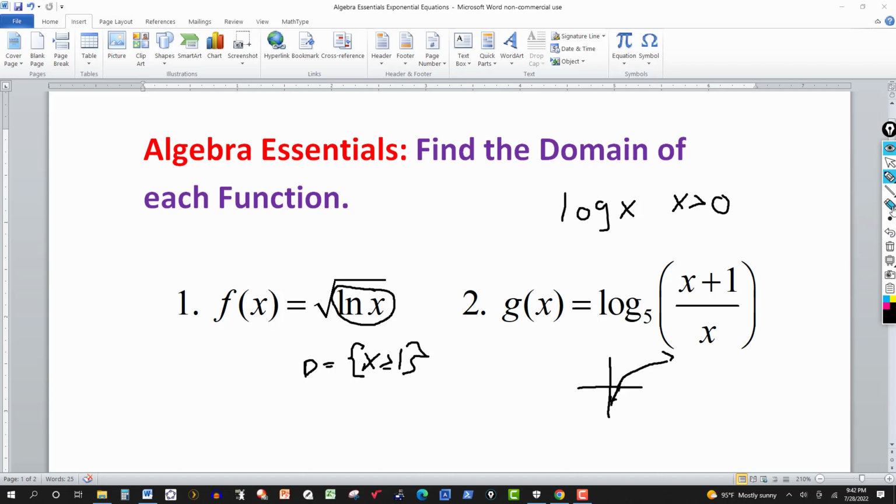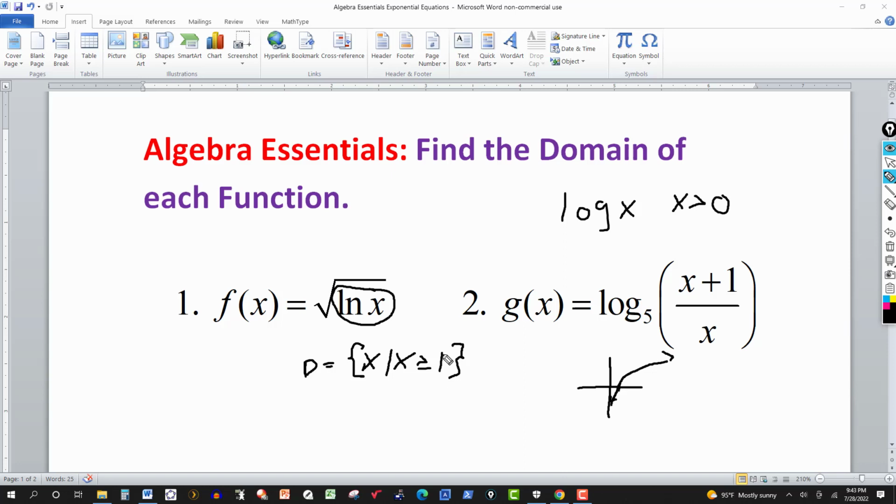Let me put it this way here. In set builder notation, it would be written like this: set of all x such that x is greater than or equal to 1. That would be your domain.